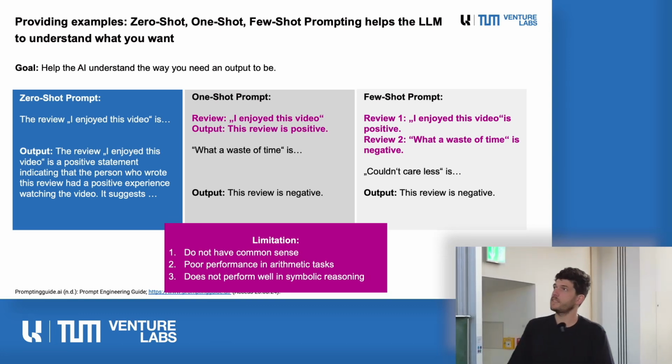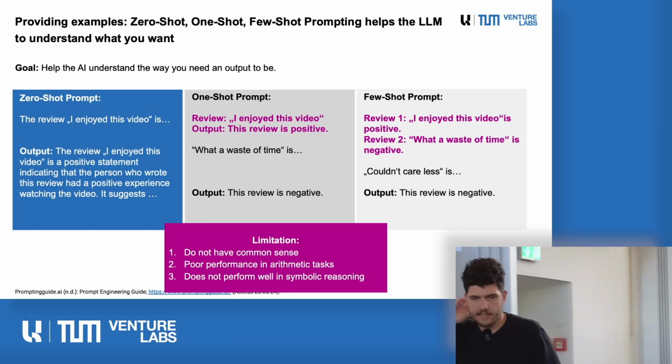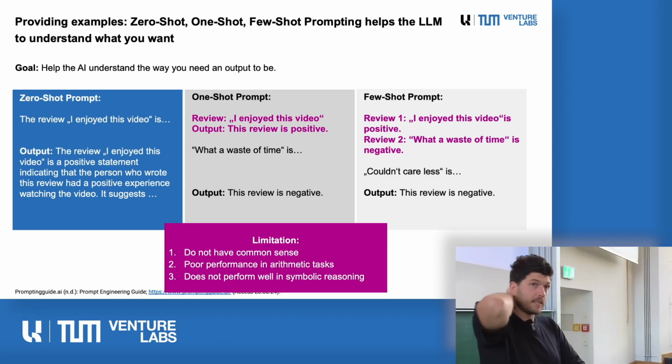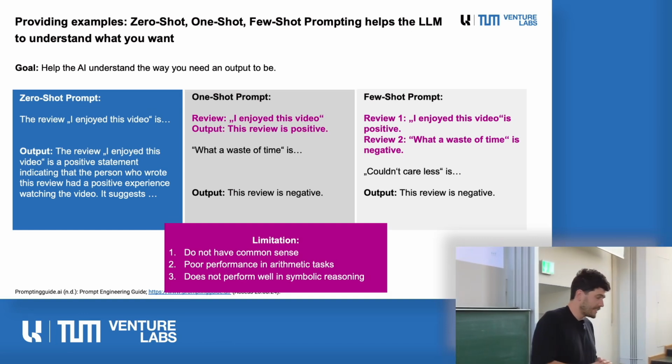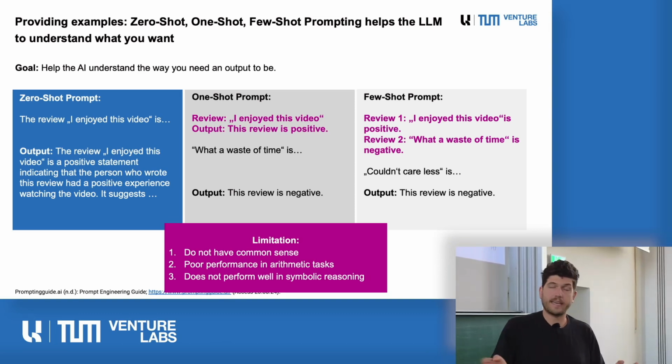Limitations: it does not have common sense. Anything arithmetic does not really work. What is fantastic, actually, is that with the feedback you leave me, I of course will read through all of them, but what works fantastically is if you ask ChatGPT to make clusters out of that.